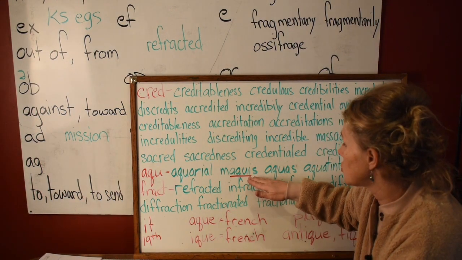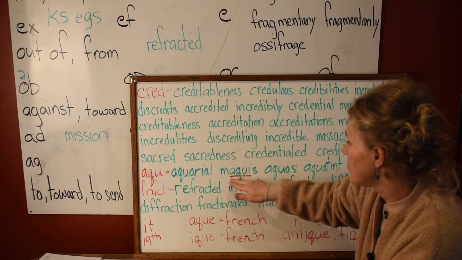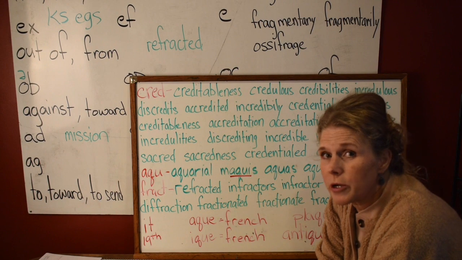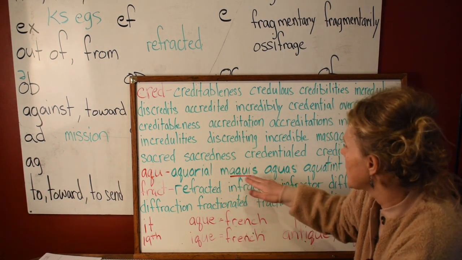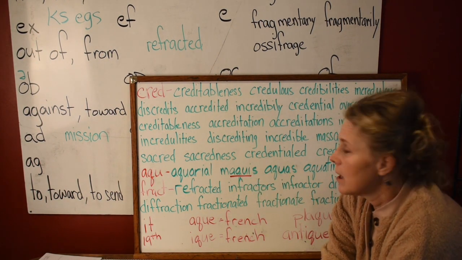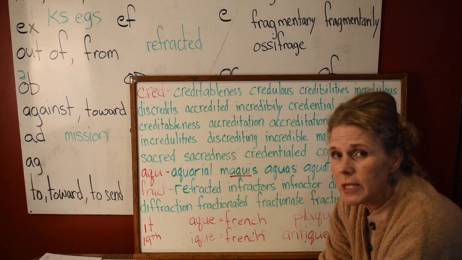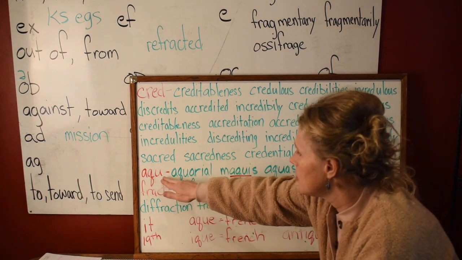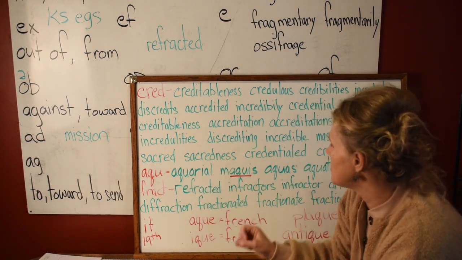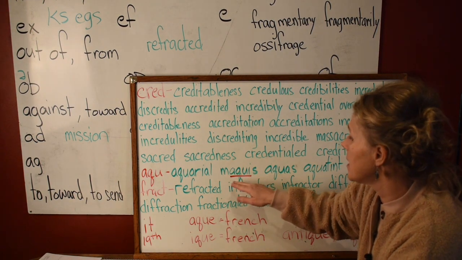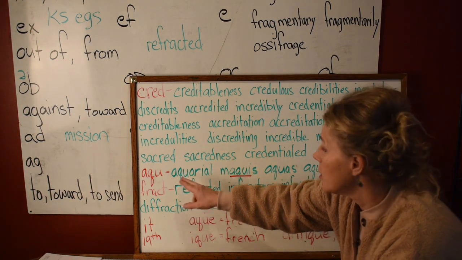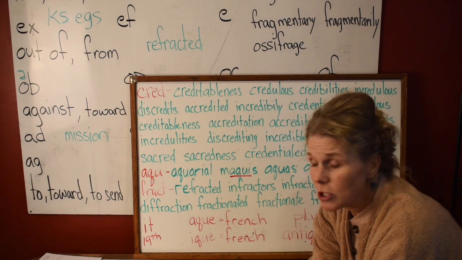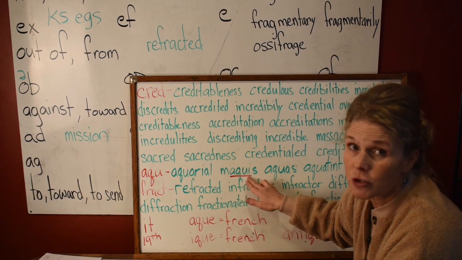So this word is super tricky. Now you have the AQU in there, but this word is a French word, and this says maquis. And so you have to be really careful with the AQU, and that's why I pulled it out, is because this can be incredibly confusing. Well, is this my Latin root, or is this part of a French word?